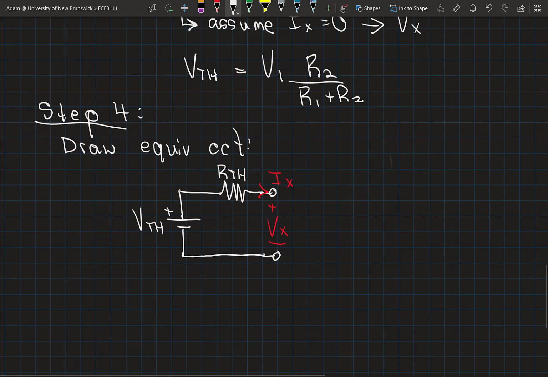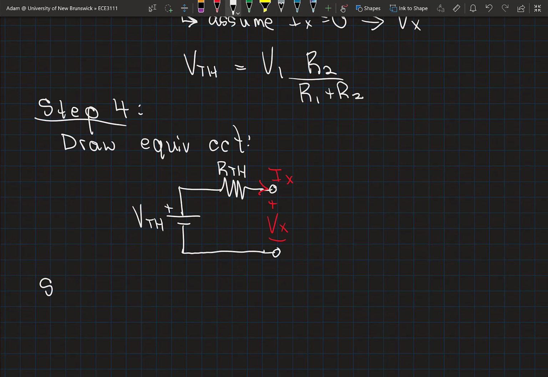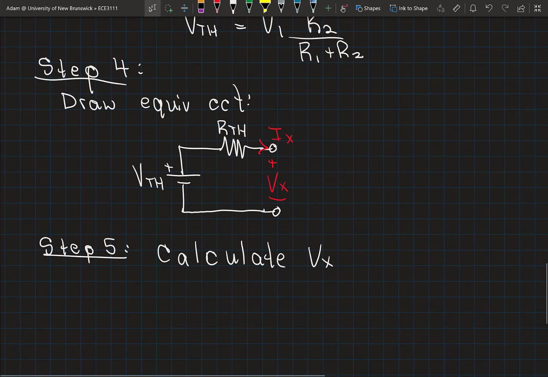Okay, so that leads us to step 5, which is to calculate Vx. Vx here would be the Thevenin voltage minus whatever drop there is across this resistor, right?